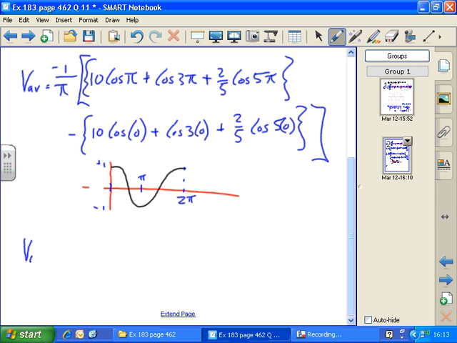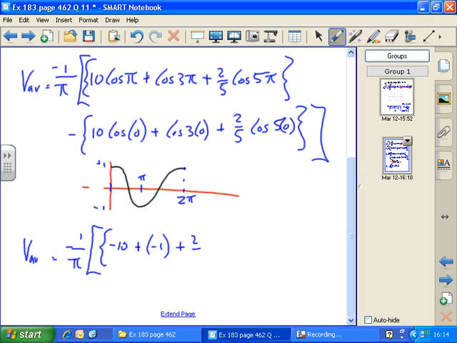The average voltage is going to equal minus 1 over pi. The first one, cos pi, is minus 1 according to that, so that would be minus 10. For 3 pi, if pi is minus 1, then 3 pi will be minus 1 as well, so plus minus 1.